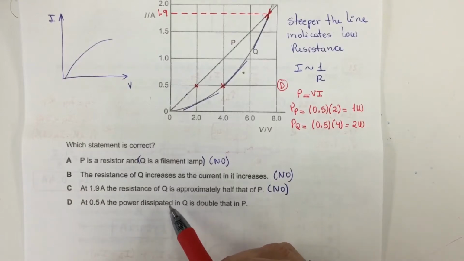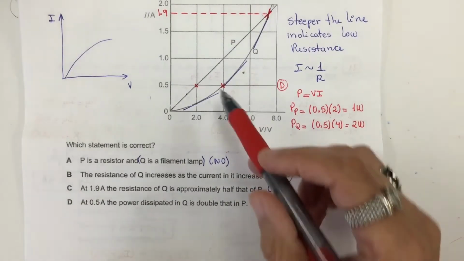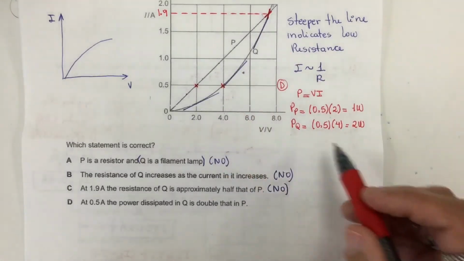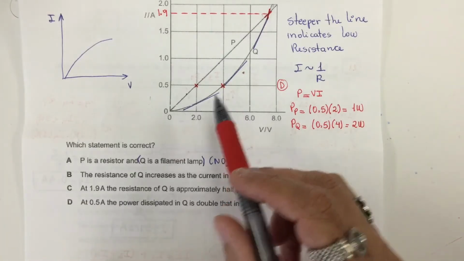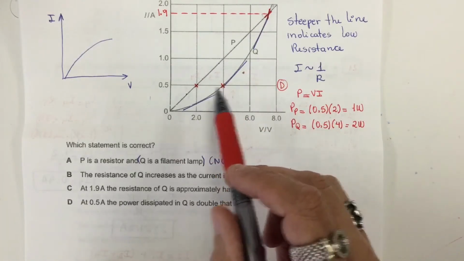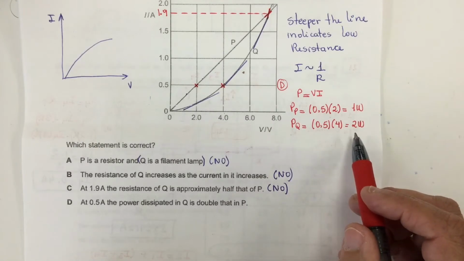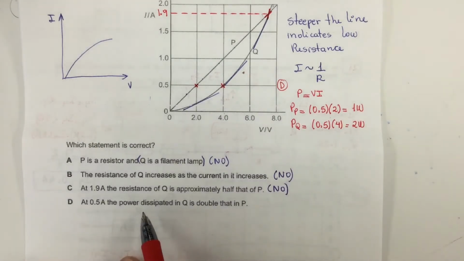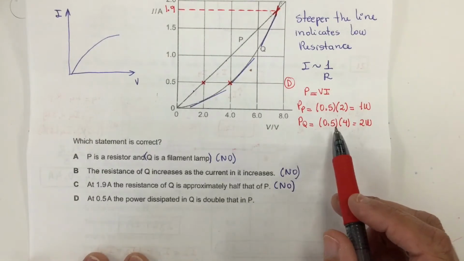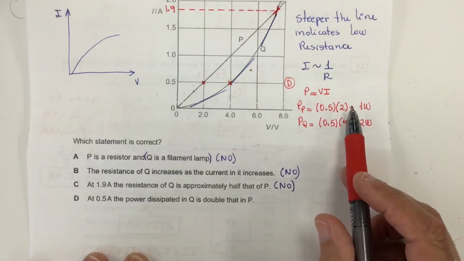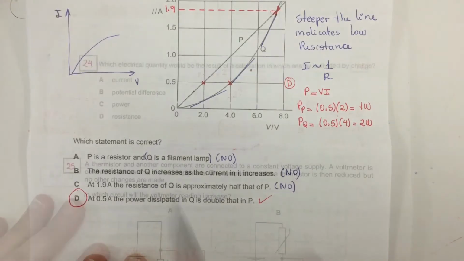So the power dissipated for the P graph is 1 watt, and for the Q, 0.5 times 4 is 2 watts. So this is correct. The power dissipated in Q is double that in P. So yes, that's the correct one.